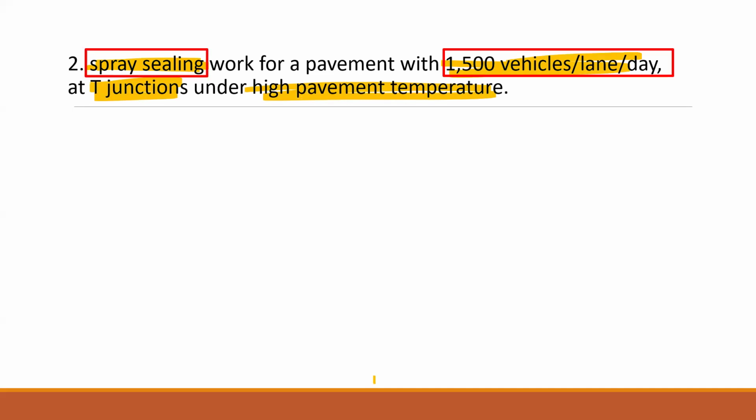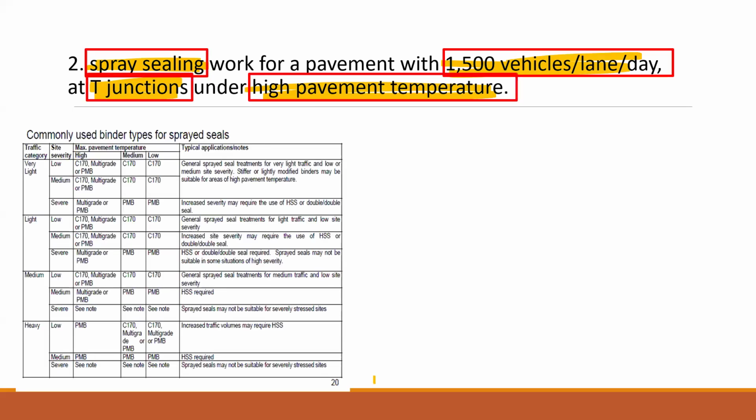So the spray sealing table is this, isn't it? So, have you selected the right table? Okay. So now tell me your traffic category, site severity, and also temperature is high. It's already given to you. So that will be this column anyway.